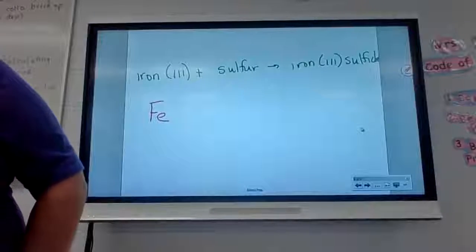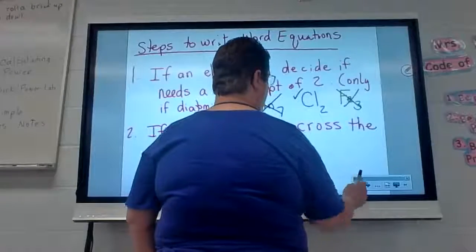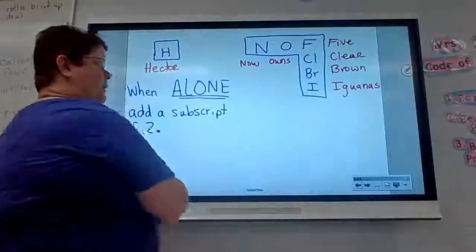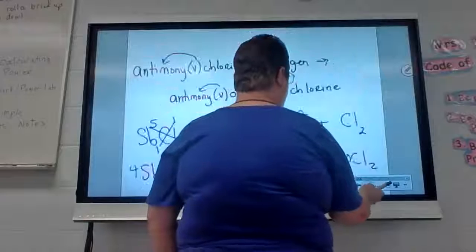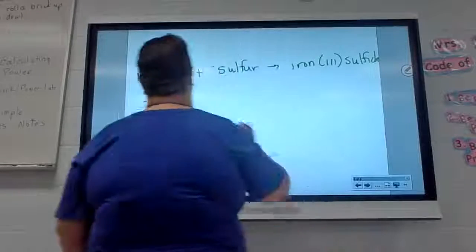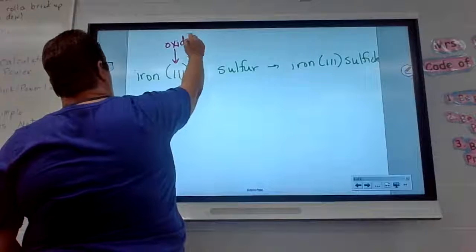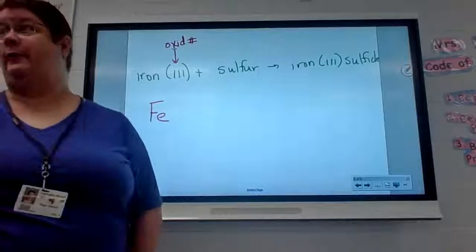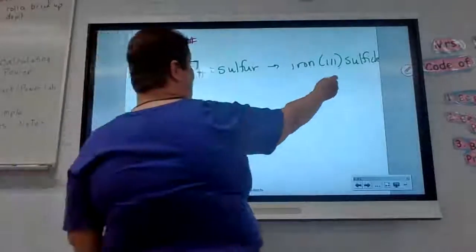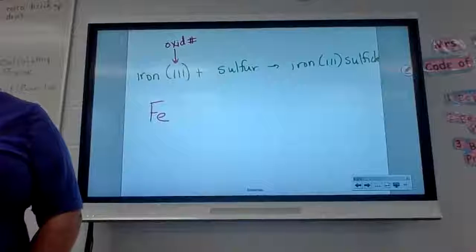No. If I flip back, is it on my list? No. So when I give you an oxidation number of 3 right here, there's no one to crisscross with. We don't do anything with it. We need it for this side, which will be important tomorrow when you need to know the oxidation number to predict with.